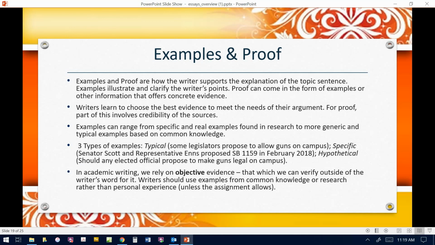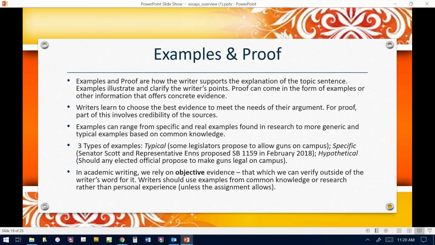Sometimes we prove it by just giving people a common sense example. In papers that are not requiring research, a lot of times we can just use typical examples of things that we know happen, that people who are paying attention or who look into it will find. Or we can use real examples that are so well known that we don't technically need to document the use.